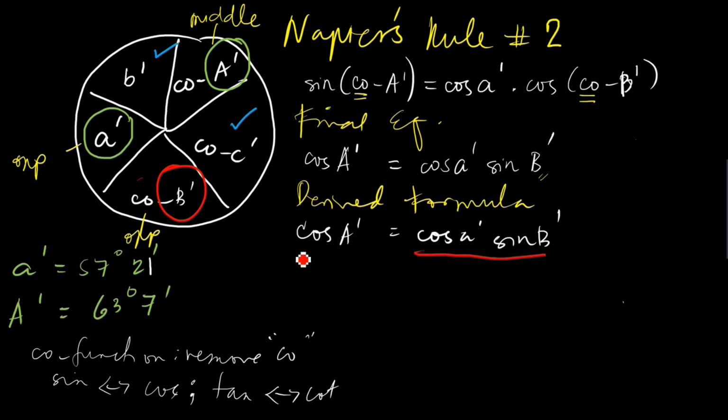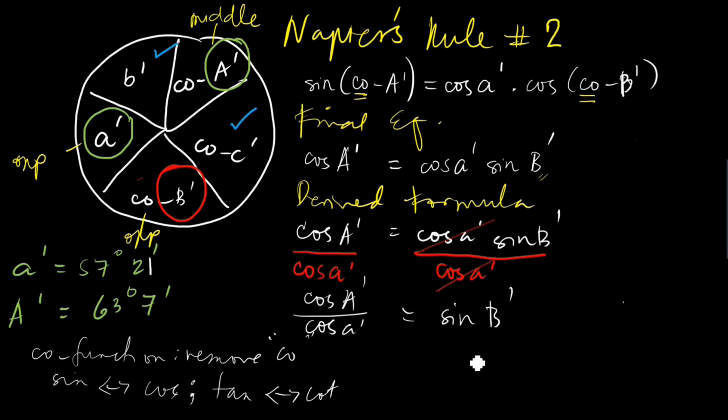So we're going to divide both sides by cosine of the small a prime so that we can move the cosine of small a prime to the other side. Okay, so we can cancel this. So what we have is the cosine of the big A prime over cosine of the small a prime equals the sine of the big B prime.